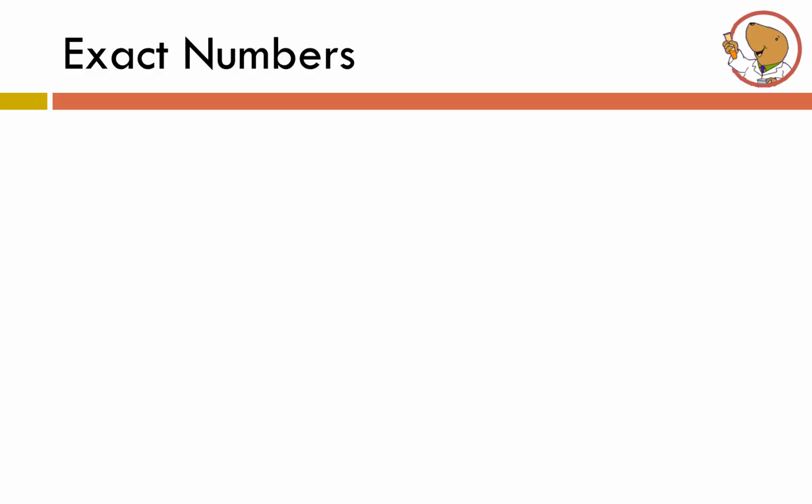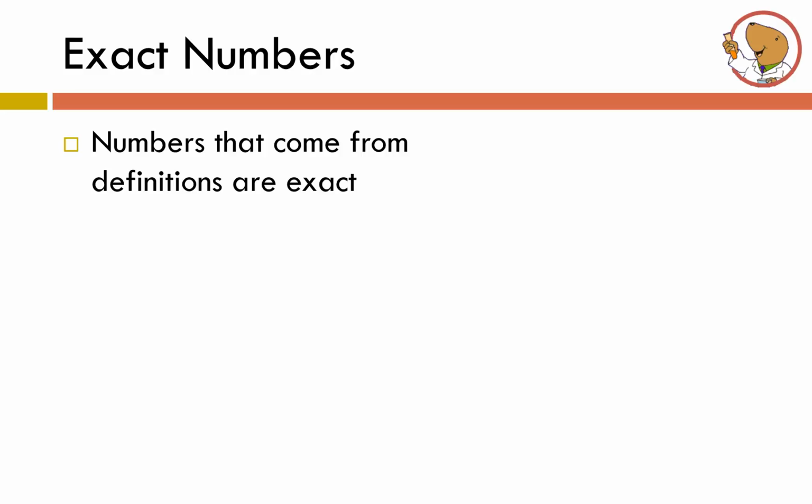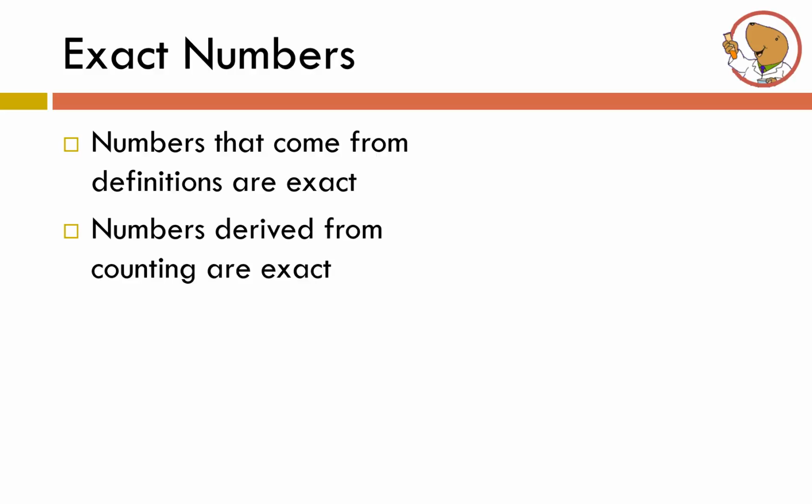There are some numbers where we don't have to worry about sig figs, and they're called exact numbers. Numbers that come from definitions are exact. For example, there are 24 hours in a day. There are 100 centimeters in a meter. These are definitions and are correct to an infinite number of significant figures. Numbers derived from counting are exact.